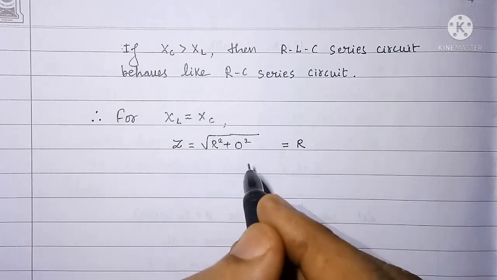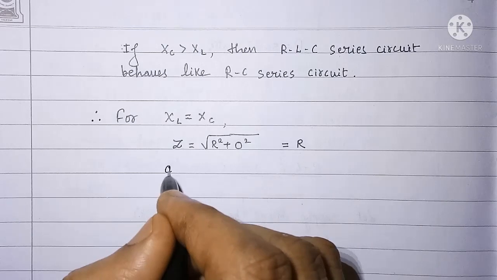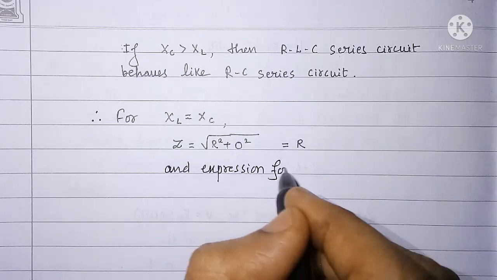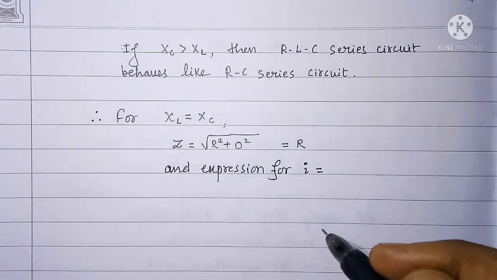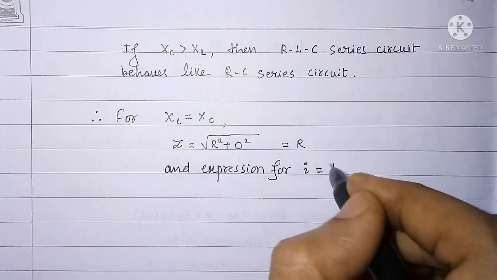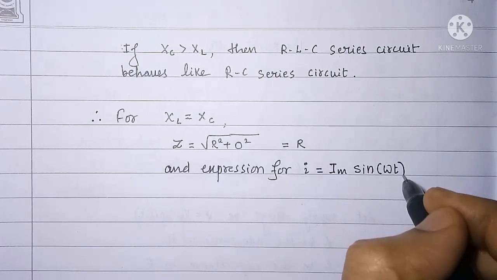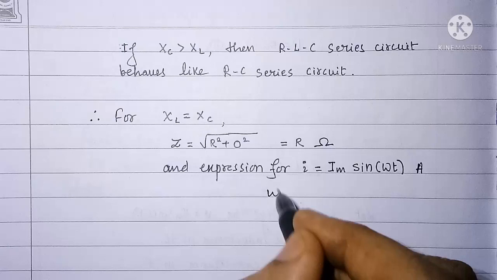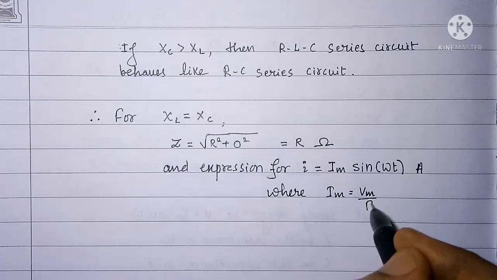And expression for instantaneous current will be I is equal to Im sine of omega t ampere, where Im is equal to Vm by R only.